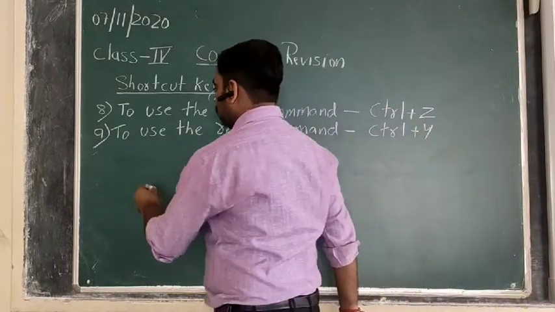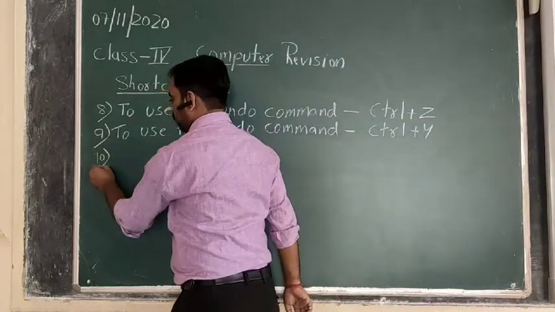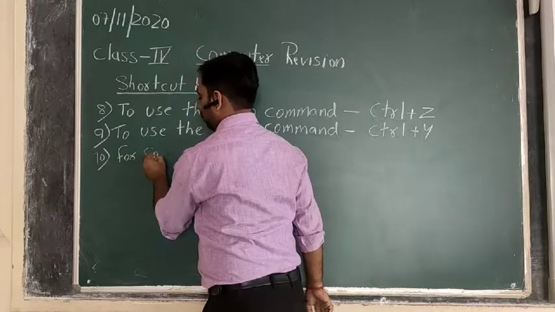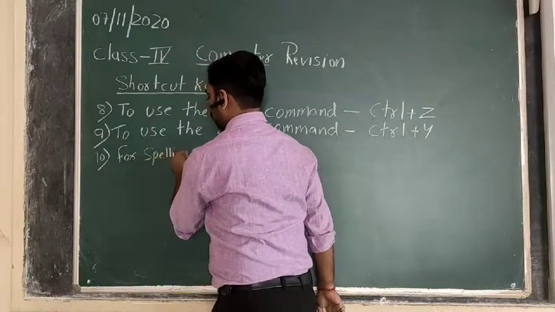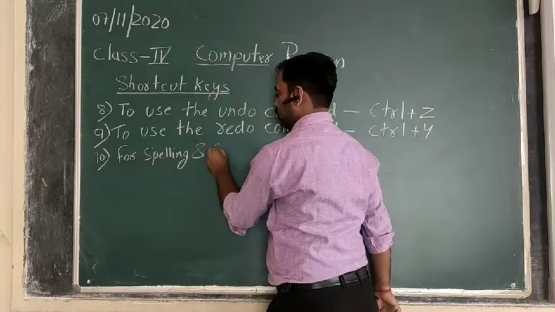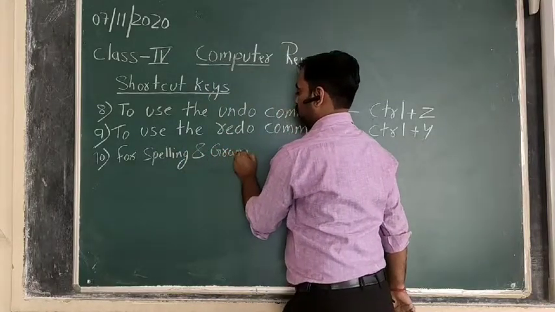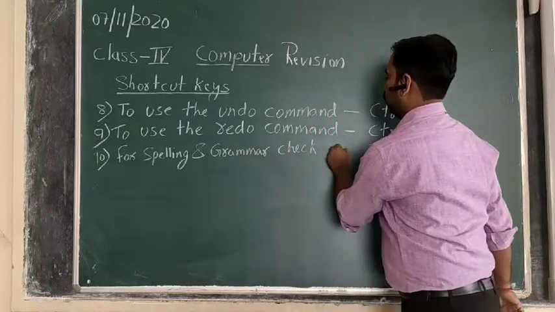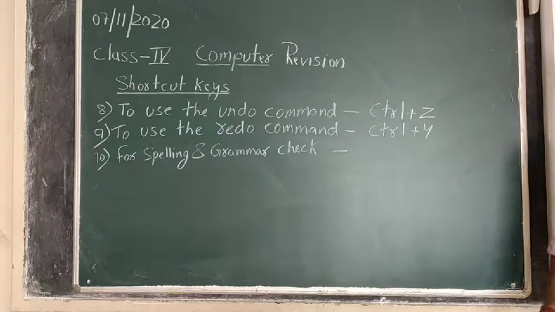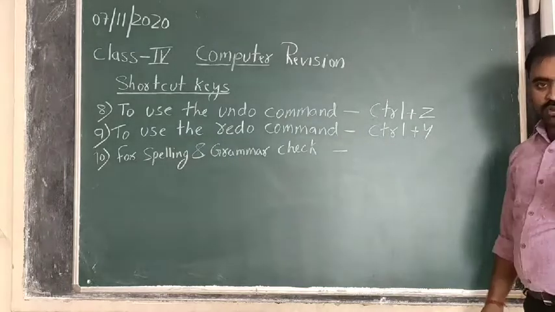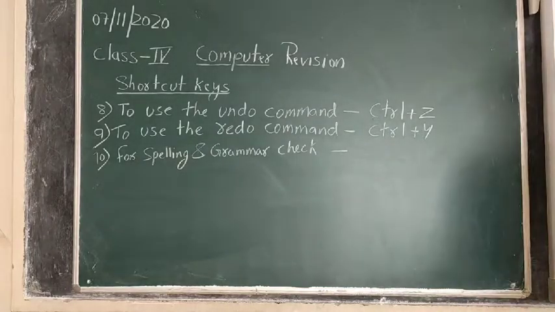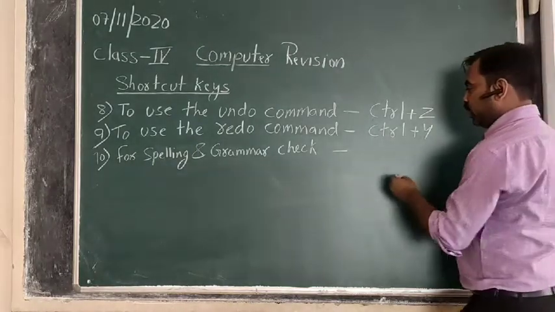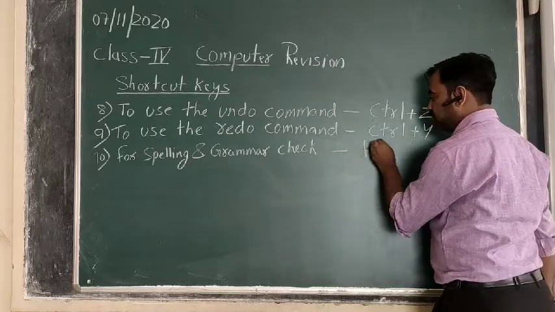Now, for spelling and grammar check within your document, if you want to make sure that you have not made any mistake and that your document is correct in spelling and grammar, you can use the shortcut key F7.